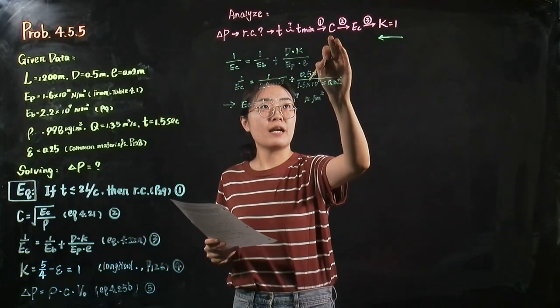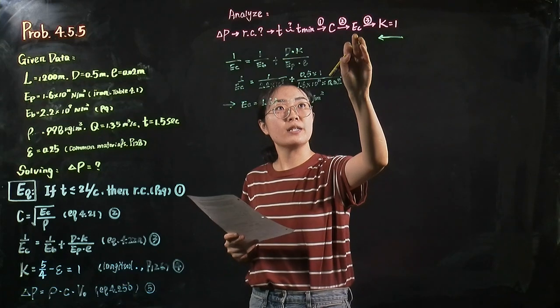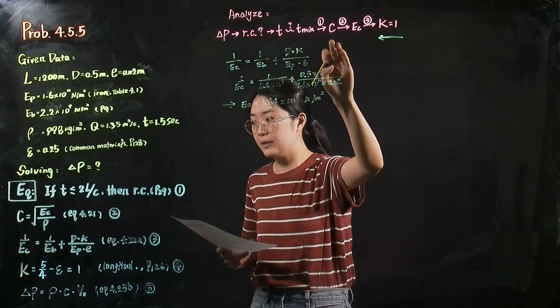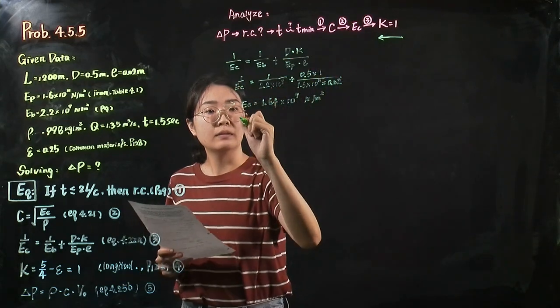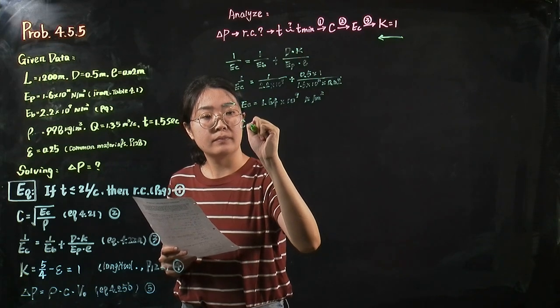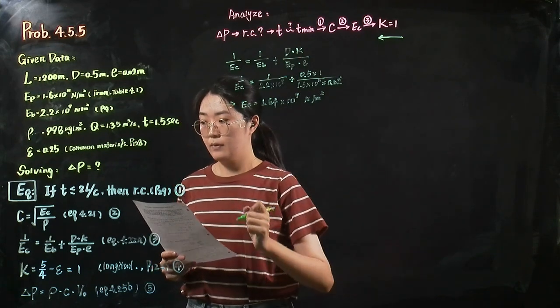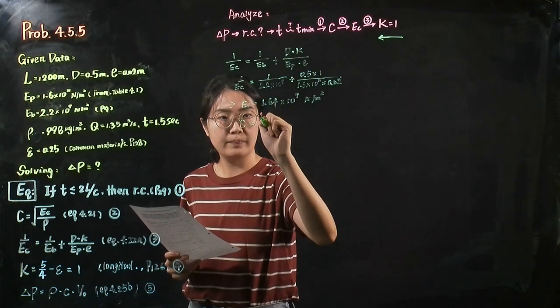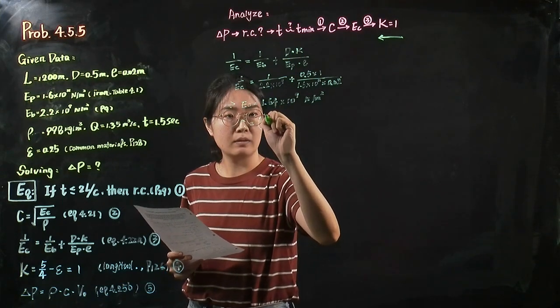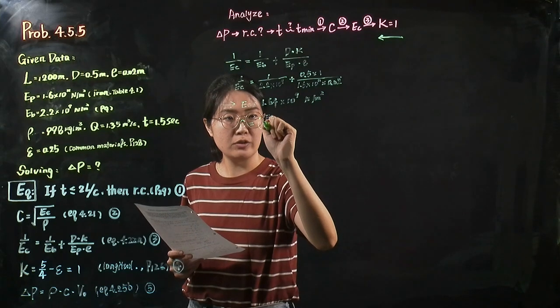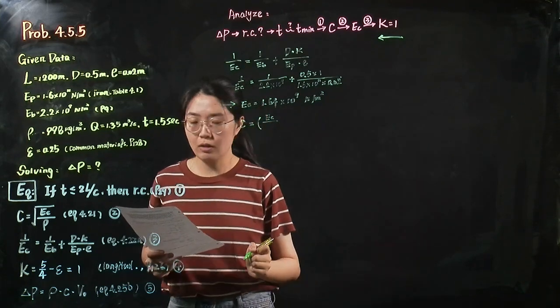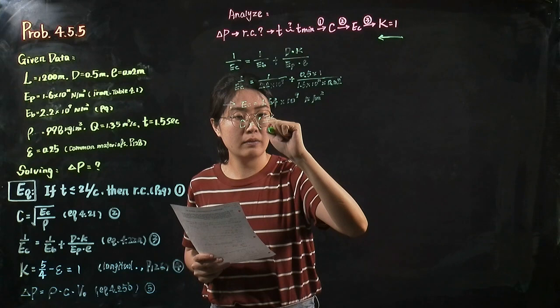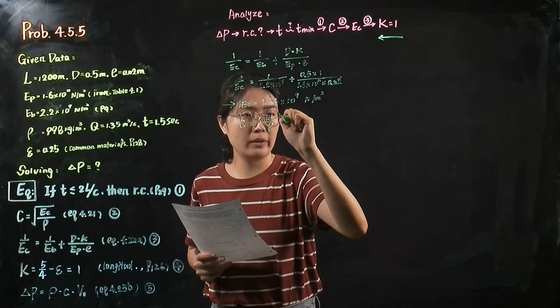Then the next step is to bring the E sub C into equation 2 to calculate the celerity. The equation 2 is celerity equals the square root of E sub C over the density of water.